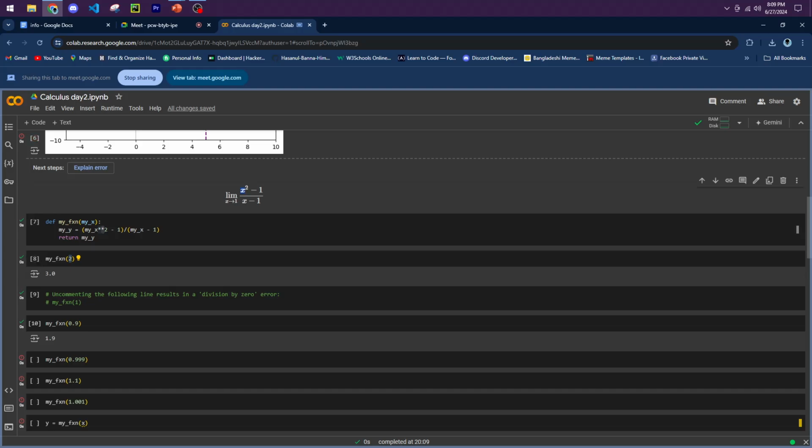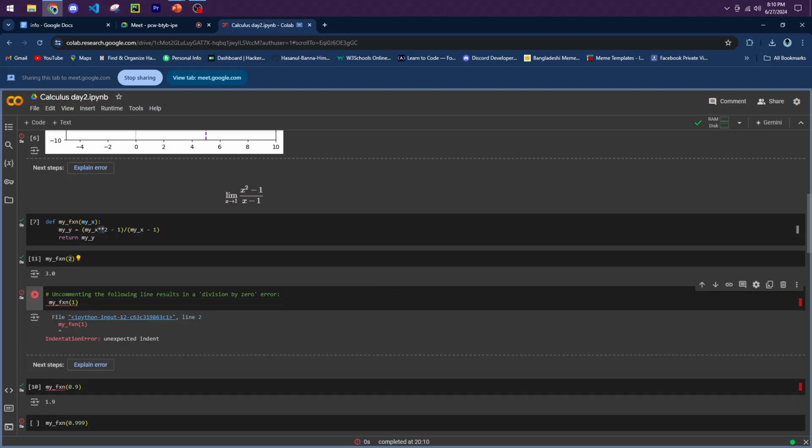Mathematically, it will be 2 square, which is 4, minus 1, which is 3. 3 divided by 1 will be 3, right? So it is giving me a float 3.0. Now when I uncomment this one, we are doing this with 1. So 1 square minus 1 will give me an error.